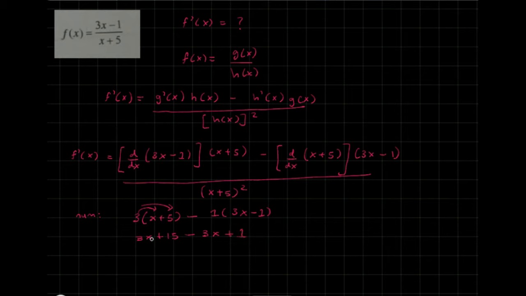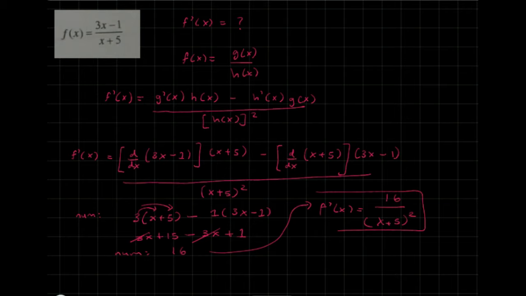In this case, 3x minus 3x is 0, and then you get 15 plus 1 is 16. Okay, so this is after I've simplified the numerator, and if I combine this together, f prime of x is equal to 16 over x plus 5 squared. Okay, so that is the derivative function.